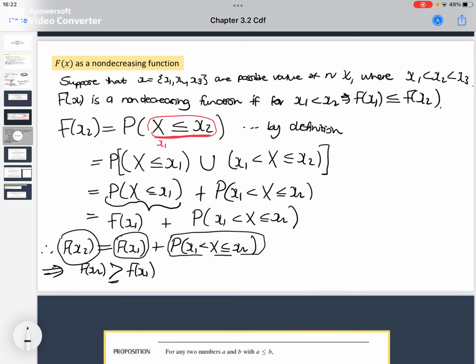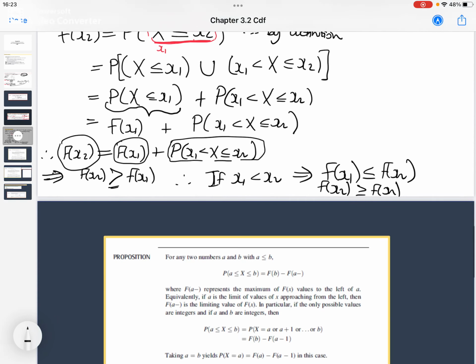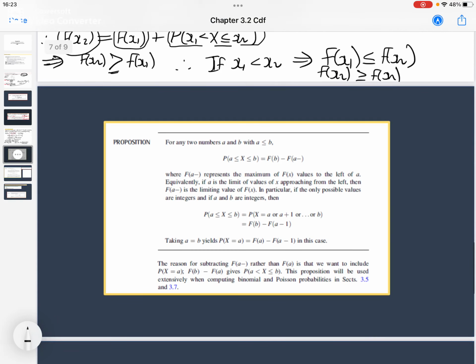And so F(x2) will be greater than or equal to F(x1). So if x1 is less than x2, it implies that F(x1) is less than or equal to F(x2). That is what is meant by a non-decreasing function.